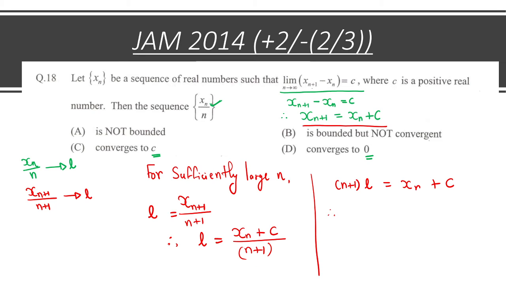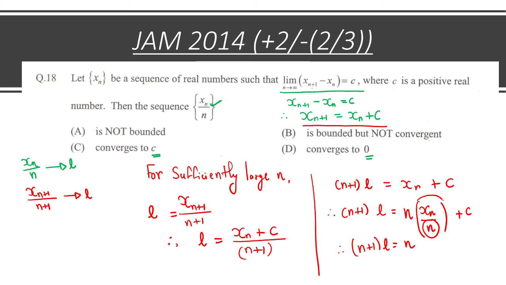Therefore, I know that my xn upon n also goes towards L. So I just try to write that over here. I'll write xn upon n. So this n is extra, so to balance it, I just multiply it with n plus c.